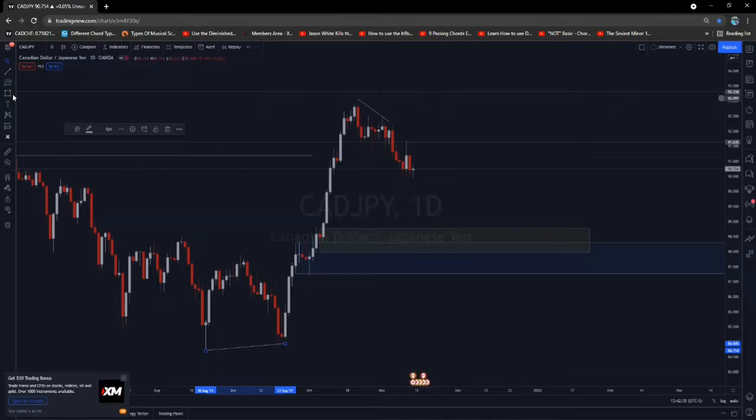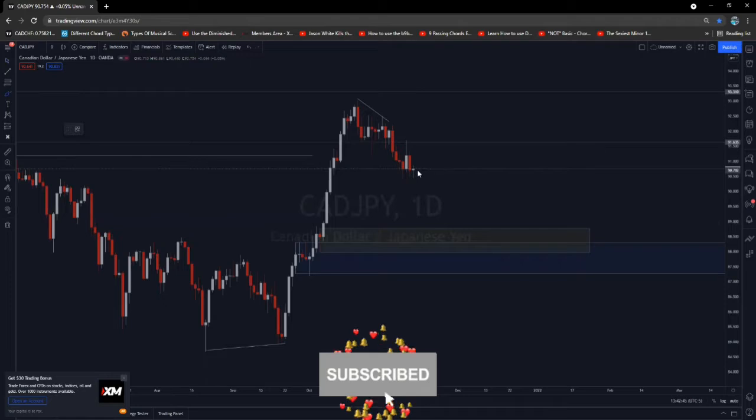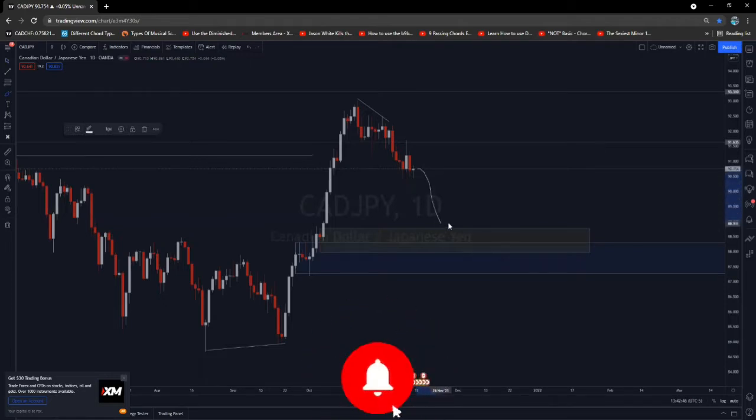But yeah, anyways, if you want to take advantage of the drop, which I don't recommend you do, I think you can, but I don't recommend it, because for high probability trades, you want to make sure that your trades are in line with what's going on in the main trend, right? So there's a possibility that the market can fail to break below this area.